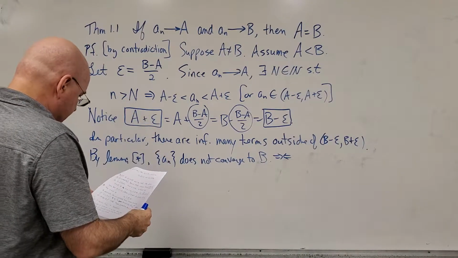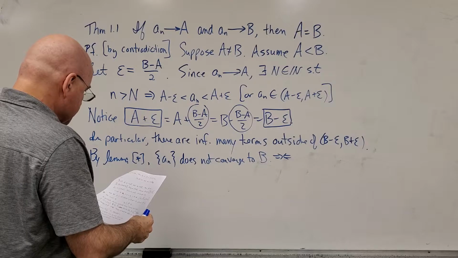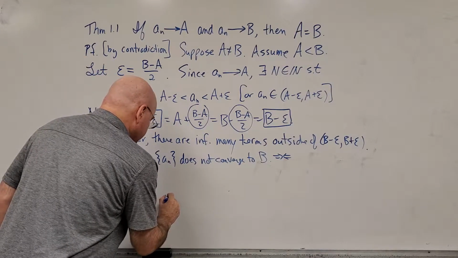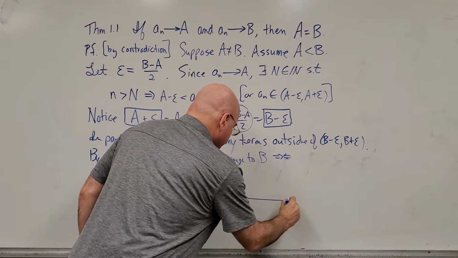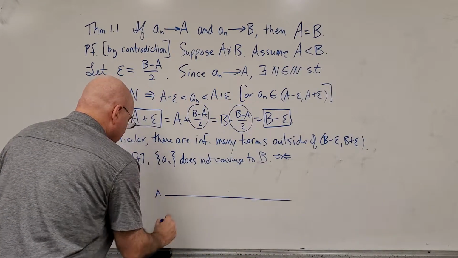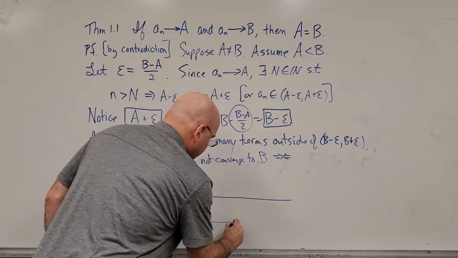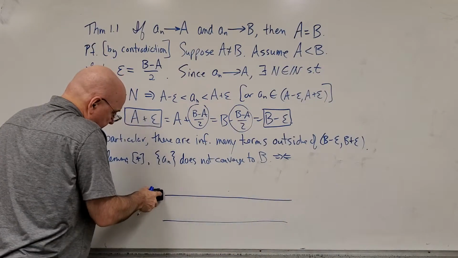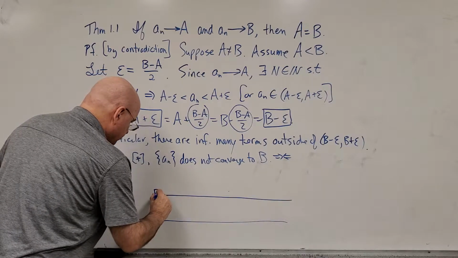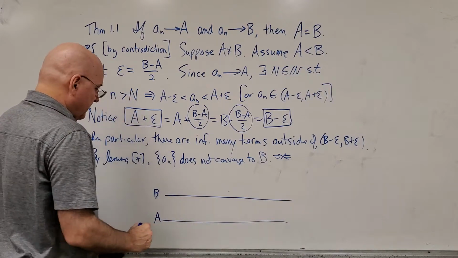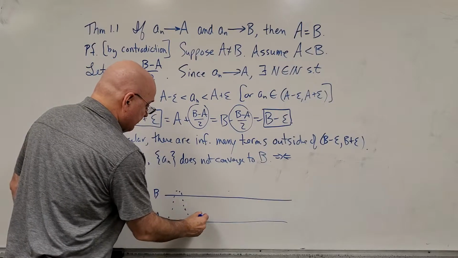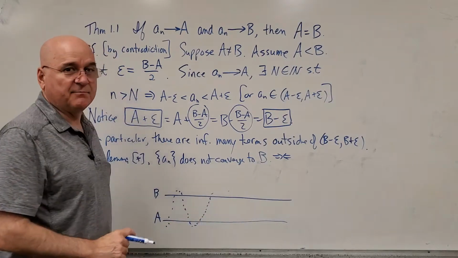And let me draw a little picture. This will say we're graphing the height, the horizontal line at height. We chose B to be bigger than A. So this is B and A. And we've got a bunch of terms of the sequence, and we're claiming that it converges to both of these numbers.